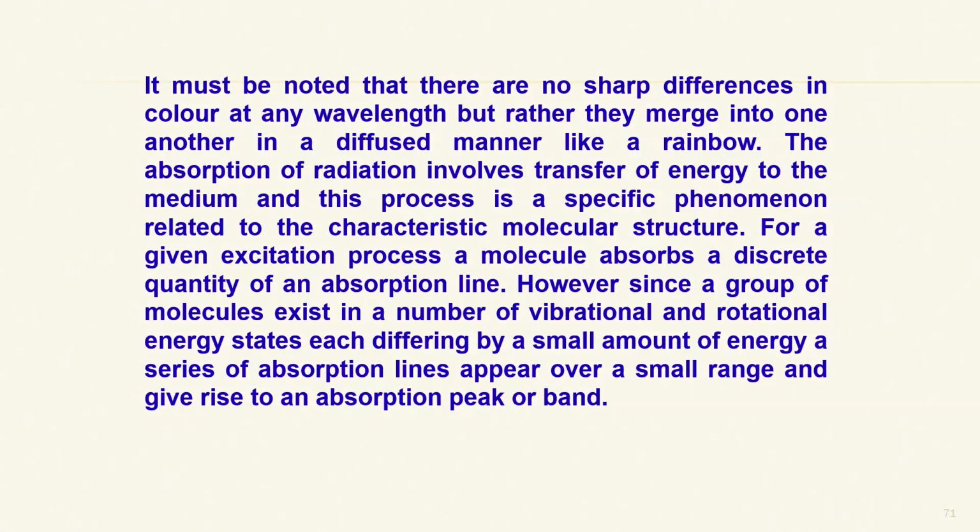However, since a group of molecules exist in a number of vibrational and rotational energy states, each differing by a very small amount of energy, a series of absorption lines appear over a small range, and thus it gives rise to an absorption peak or an absorption band.